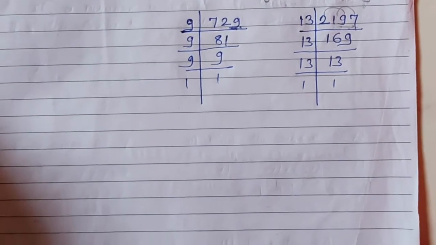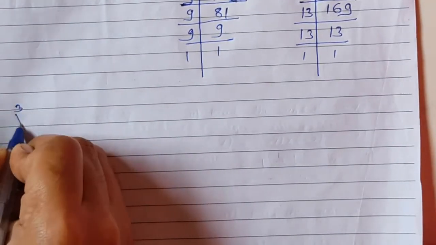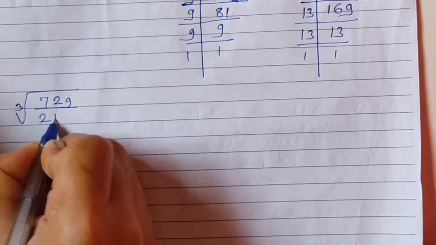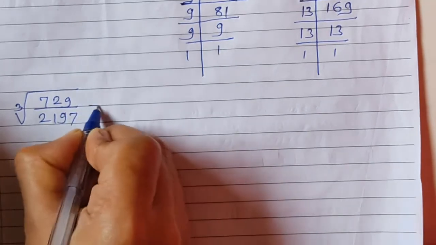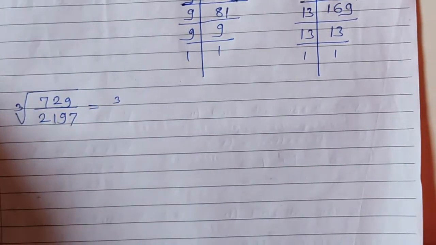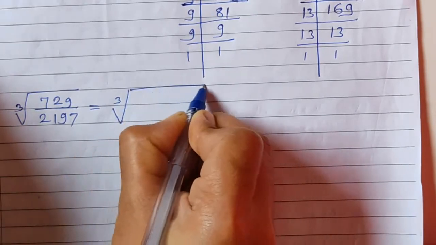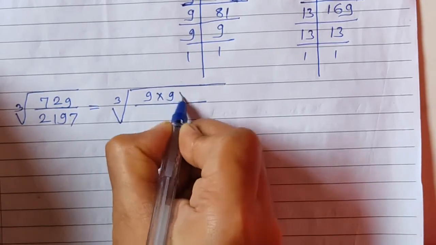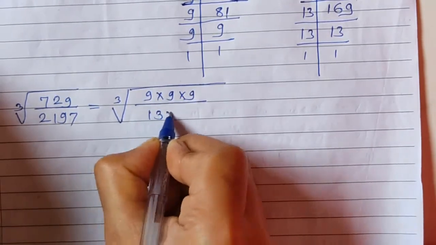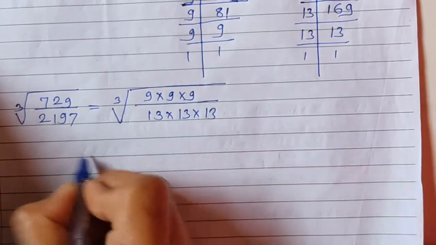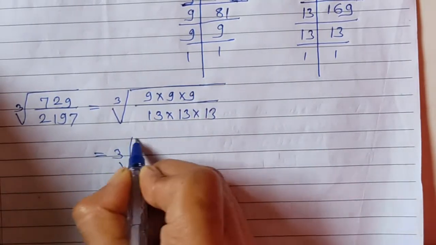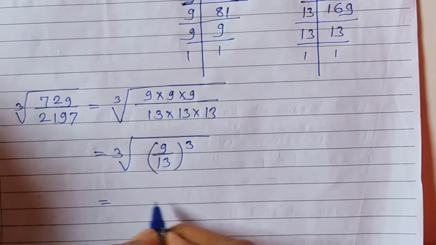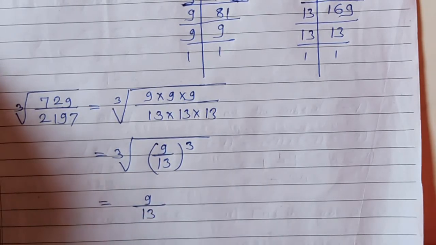Therefore I am writing cube root of 729 divided by 2197 is equal to cube root of, now I am writing these factors, 13 into 13 into 13. So we will get 9 upon 13 bracket cube. Therefore our answer is 9 divided by 13.